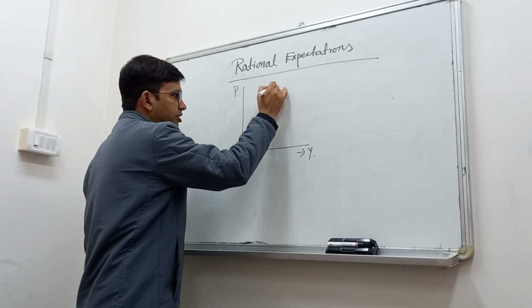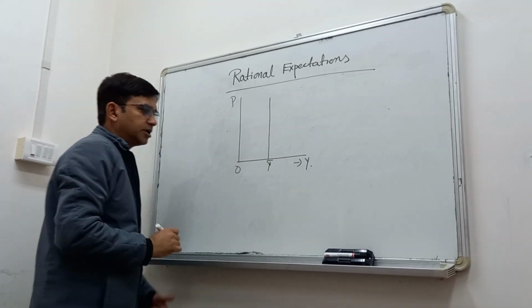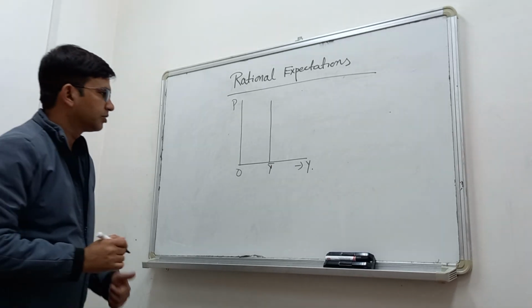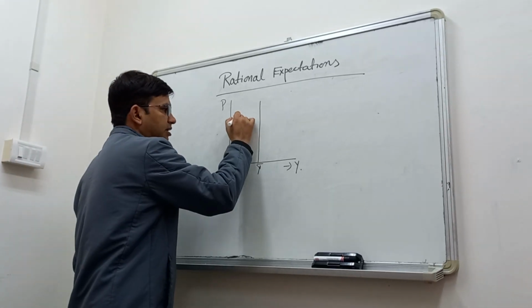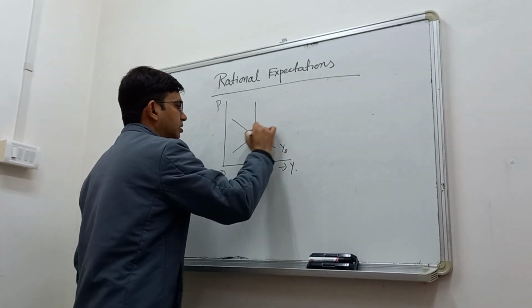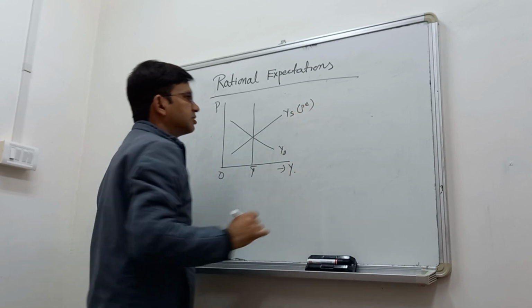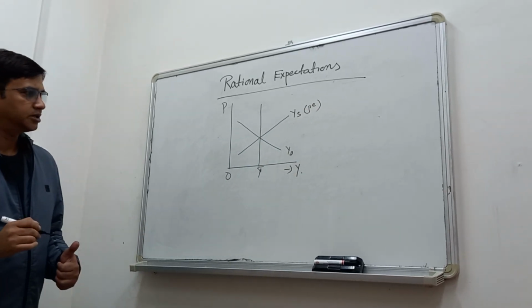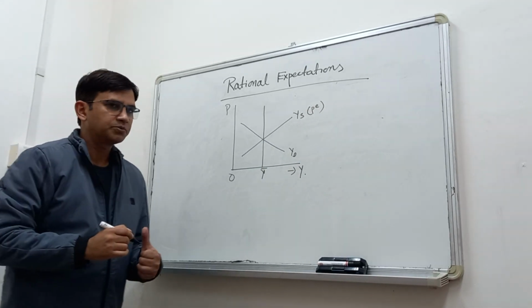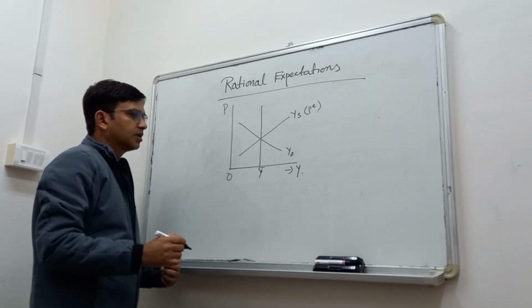So according to Friedman, this Y bar is the natural level of output. And here if we consider is the demand curve and this is YS, which is based on the expectation, price expectation P. This is the short run aggregate supply curve.